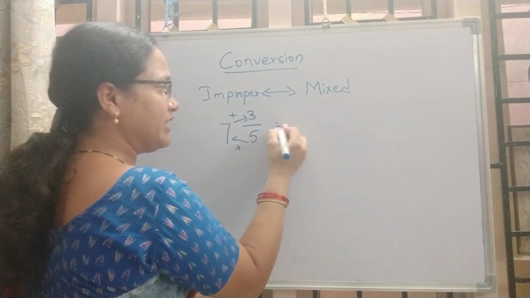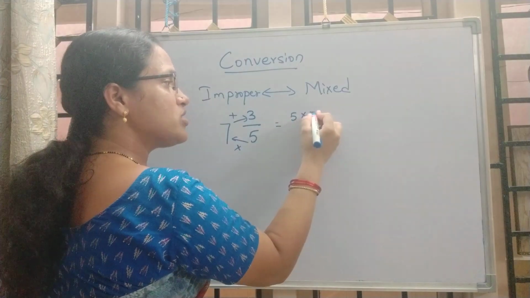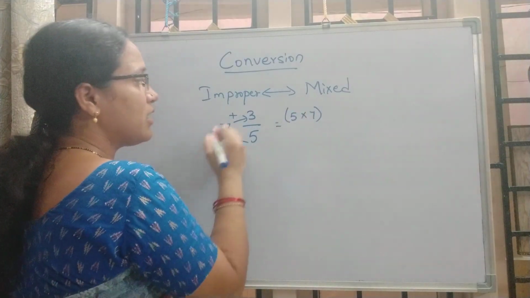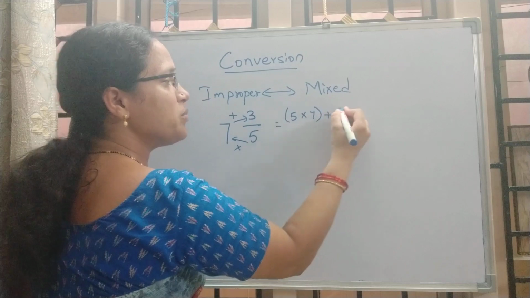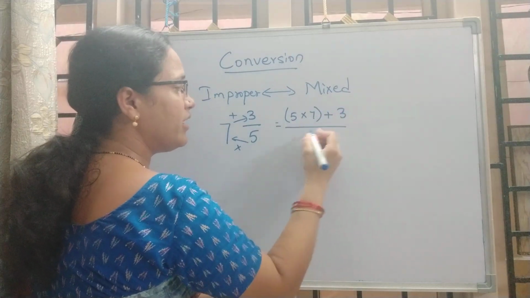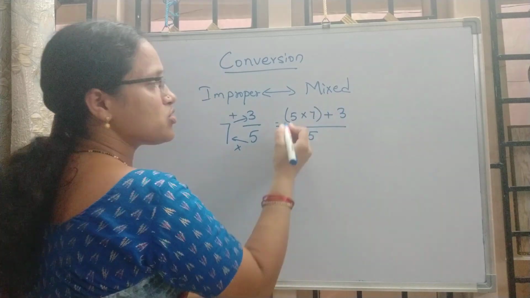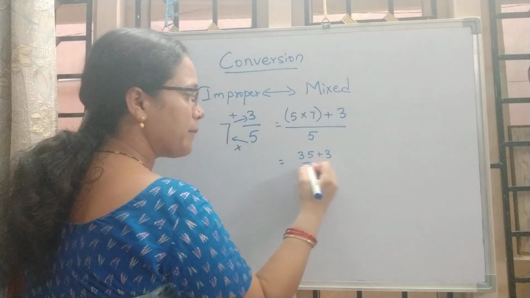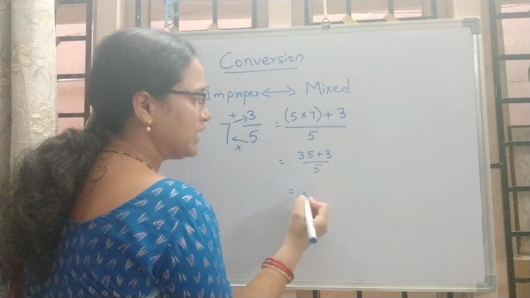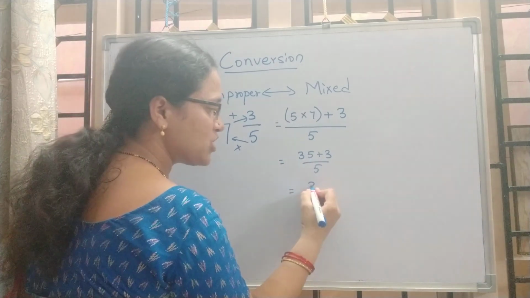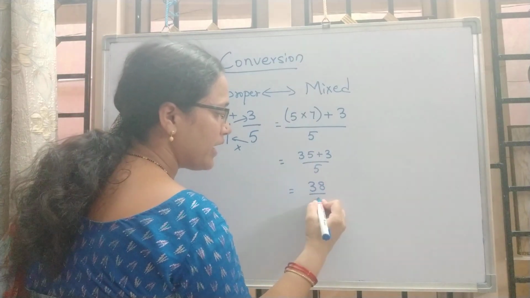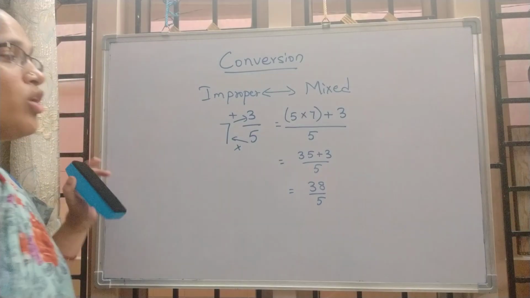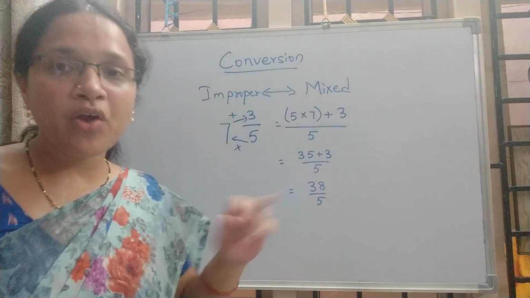That means you write 5 into 7 in brackets plus the numerator. What is the numerator? 3 by the denominator, 5. So 5 sevens are 35 plus 3 by 5, which means 35 plus 3 is how much, children? 38 by 5.